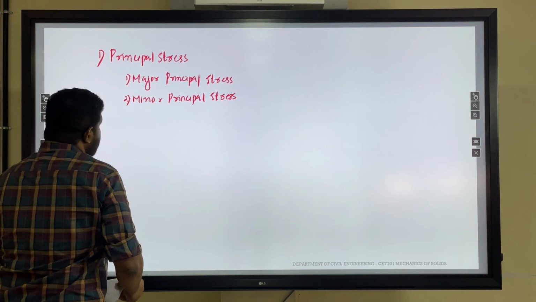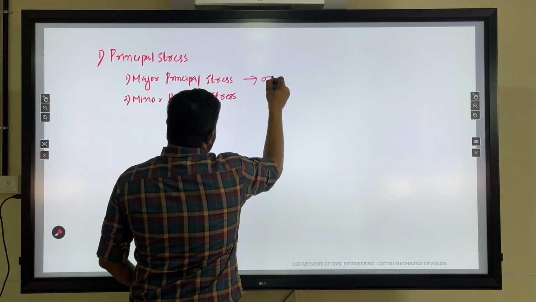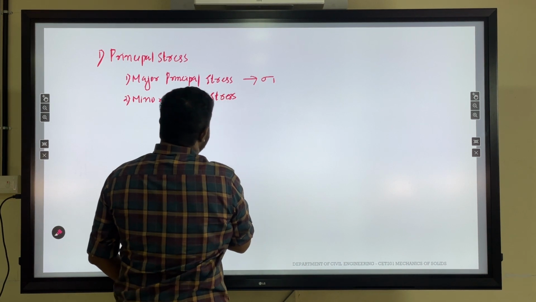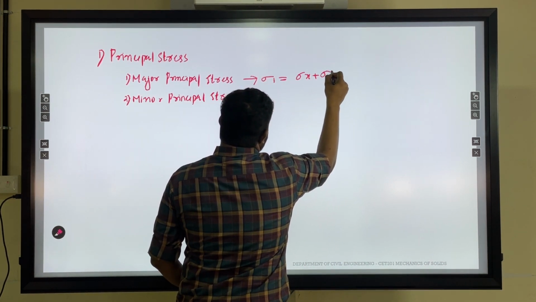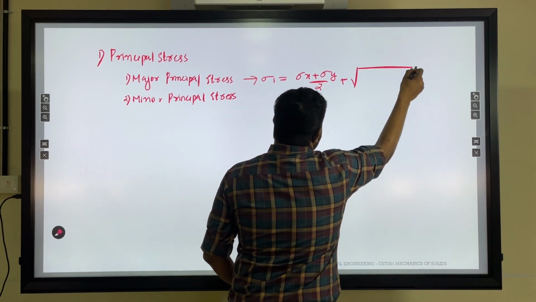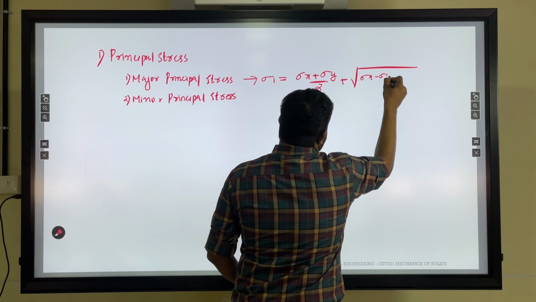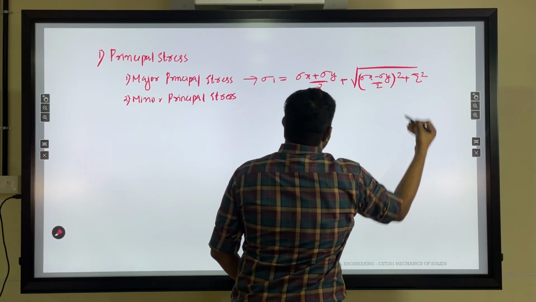For the major principal stress, you can take it as sigma 1. This is given by the equation sigma 1 = (sigma x + sigma y)/2 + root of ((sigma x - sigma y)/2) the whole square + tau square.